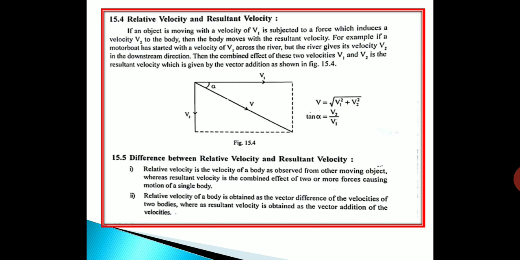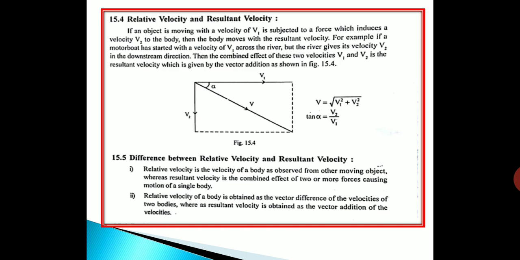Next, the concept of relative velocity and resultant velocity. Now we come across two terms. The first term is relative velocity, the second term is resultant velocity. Relative velocity we have defined earlier, velocity of one object with respect to another. Let's see now what a resultant velocity is.